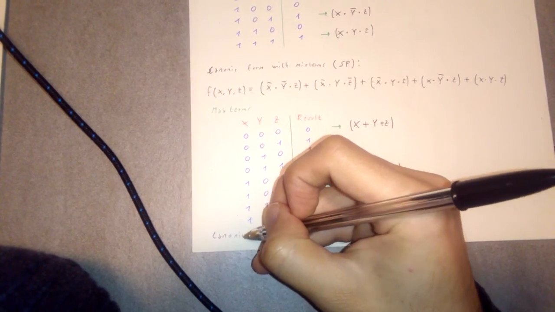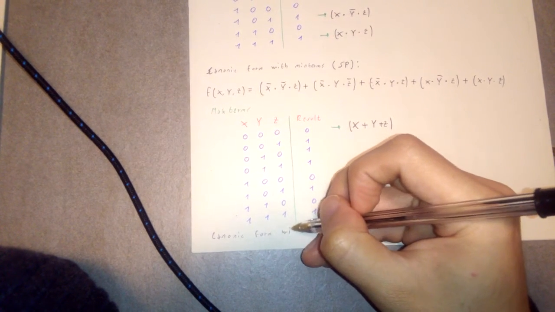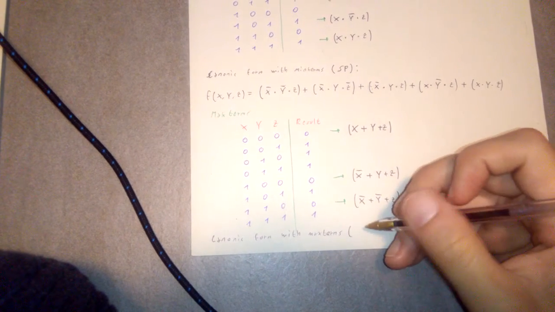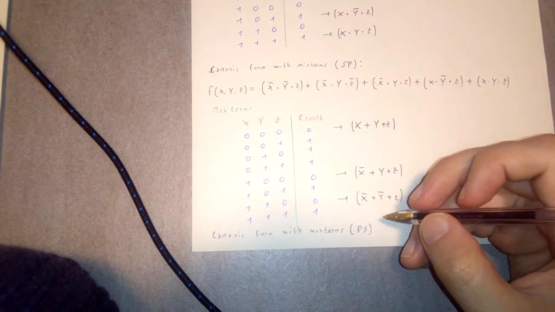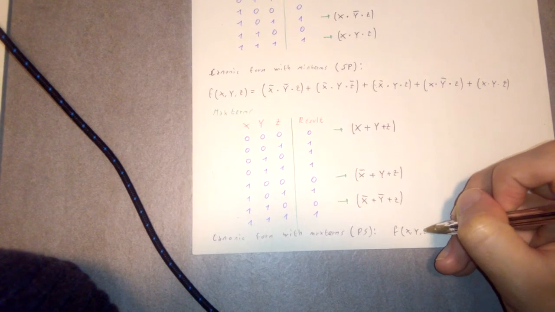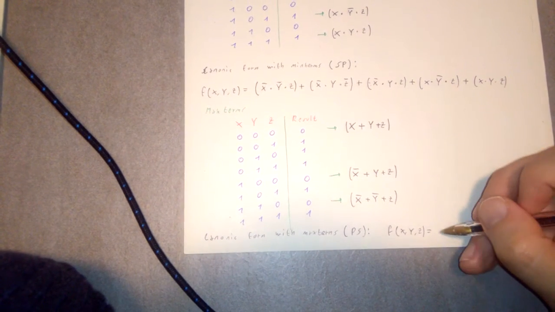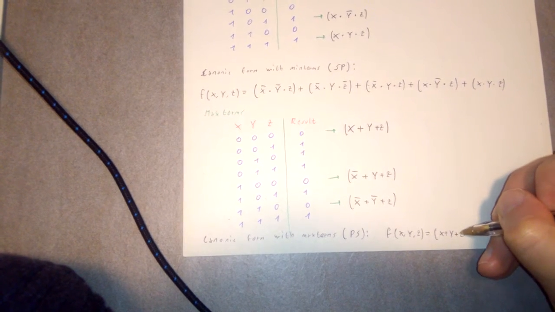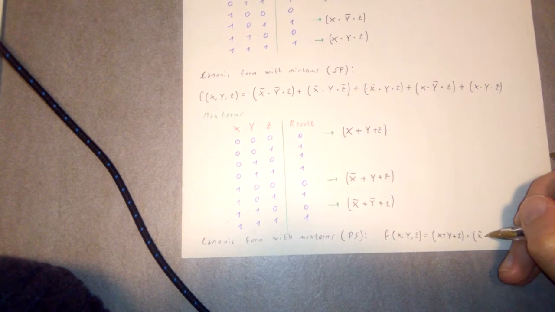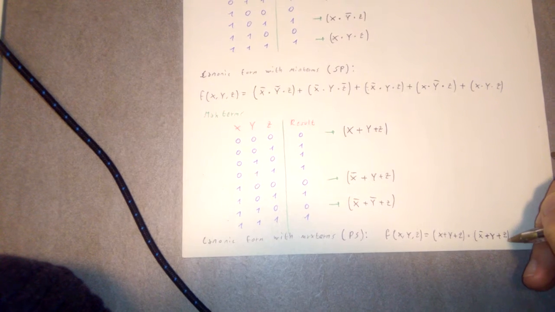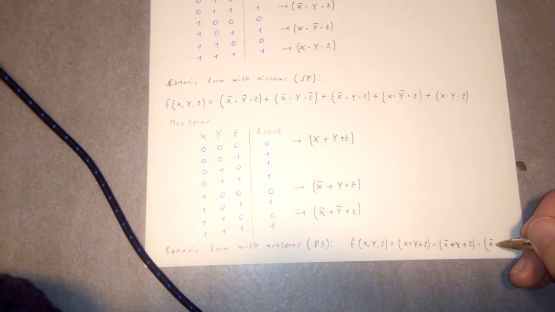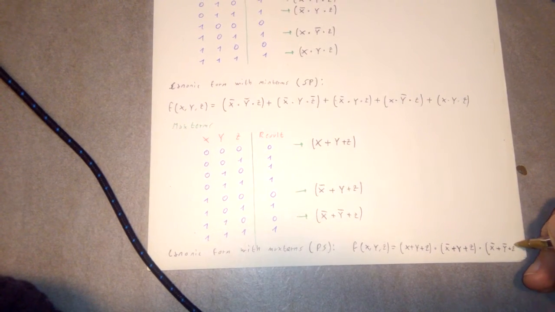So our canonic form with Maxterms. So the canonic form PS, expressed as a product of sum, is f of x, y, z equal to x plus y plus z times not x plus y plus z times not x plus not y plus z.